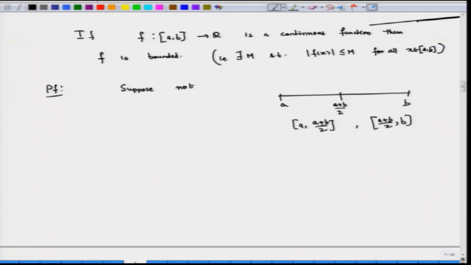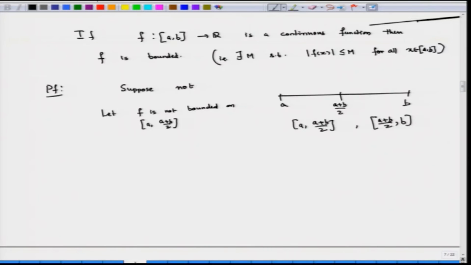So f is not bounded means at least in one of these sub intervals f is not bounded. So we can assume f is not bounded on [a, (a+b)/2].